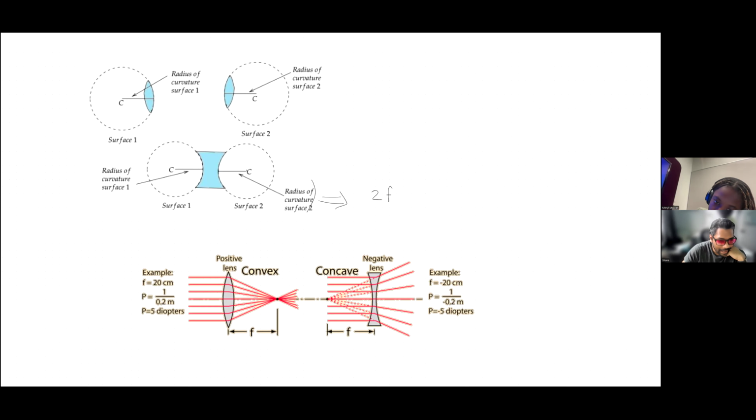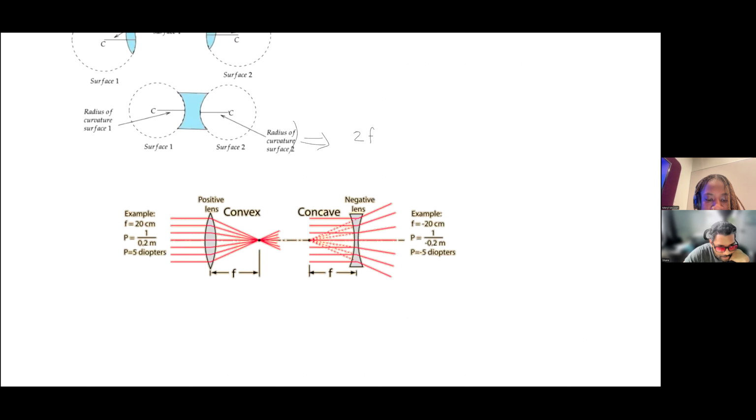And then in this picture here, you can see the focal length. For a convex one, it's the length it takes to converge. We're shooting parallel light rays at the convex lens, and that causes it to converge. So the distance between the center of the lens and the point at which they converge, maximum convergence, is your focal length.